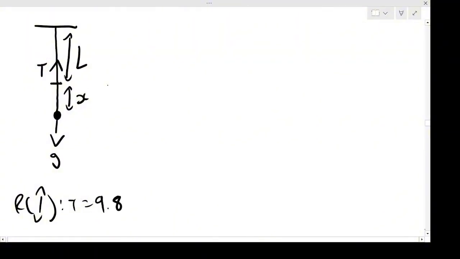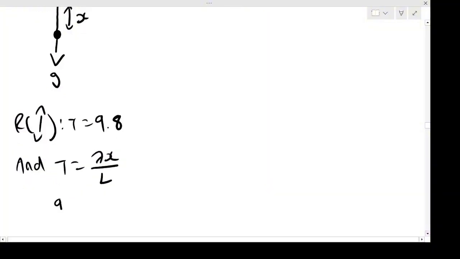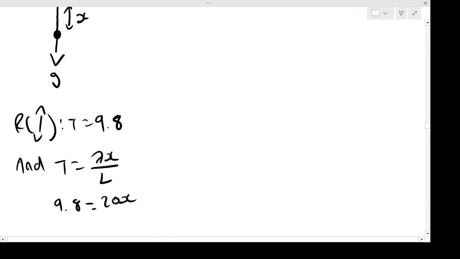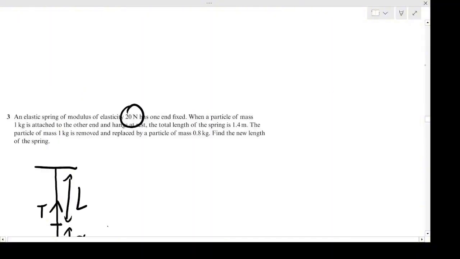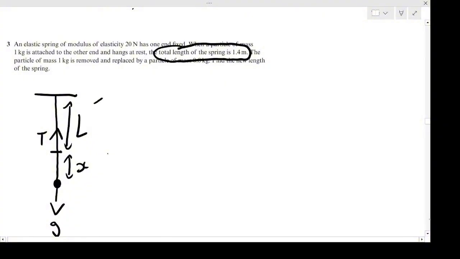But of course we also know that T, via Hooke's law, is lambda x over L. So that means 9.8 equals, well, my modulus of elasticity is 20, so 20x over L. Do I know anything about the length? What I do know is the total length of the spring is 1.4.